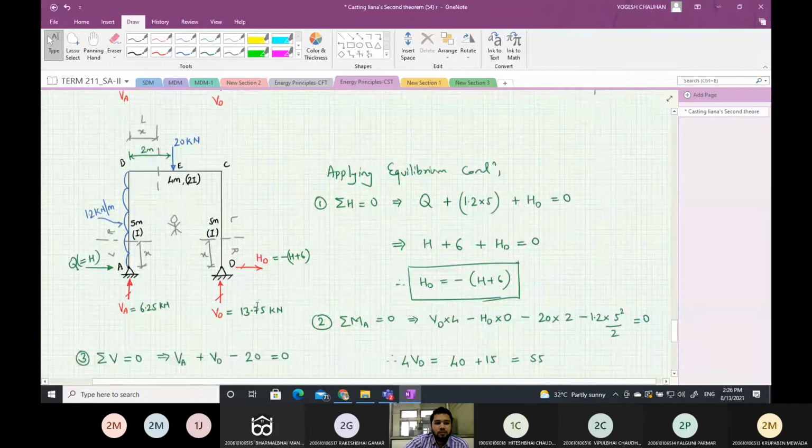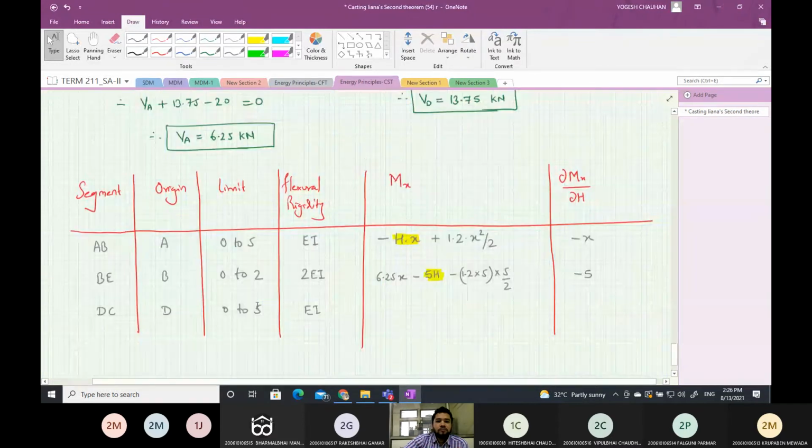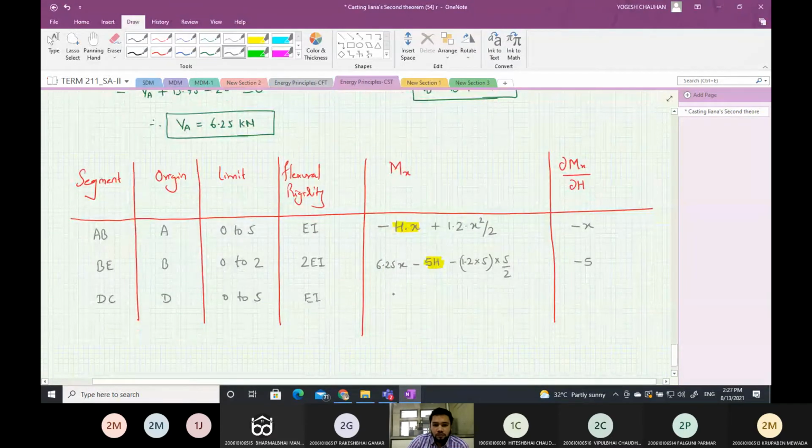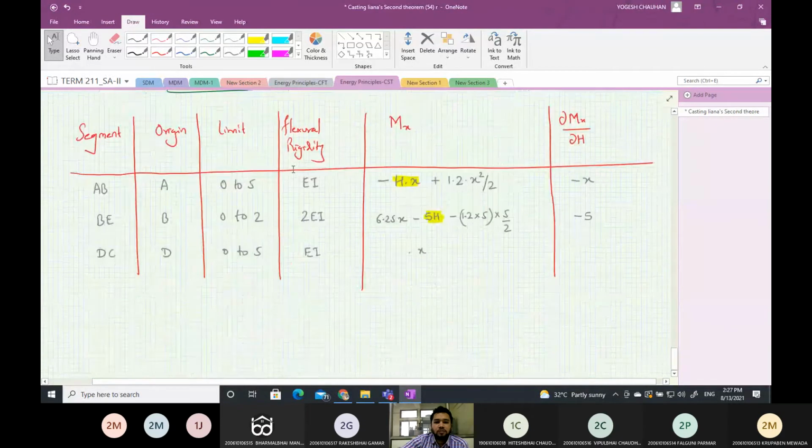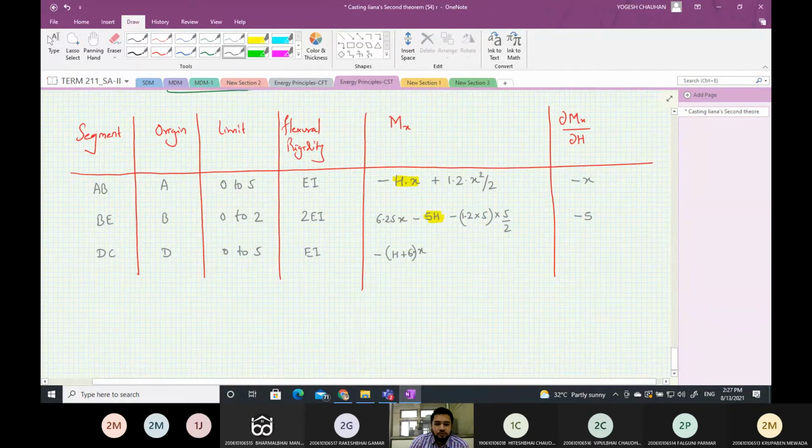So HD into x. Now what is the value of HD? HD is minus h plus 6. So substitute here minus h plus 6, so that will be the moment.